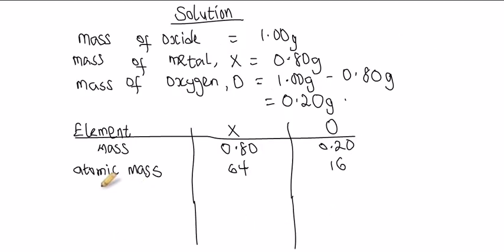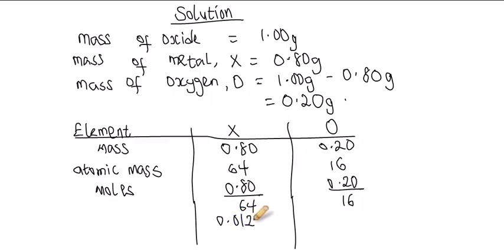Now the next thing to do is to calculate the moles. So here we say moles. 0.80 divided by 64, 0.20 divided by 16. Here I have 0.0125, and on this side I have 0.0125 as well.